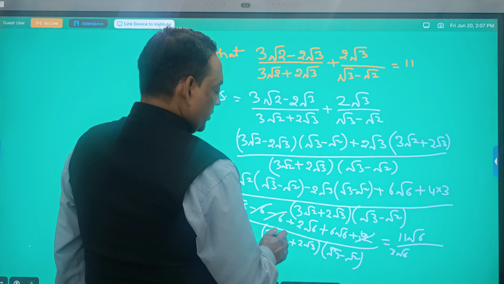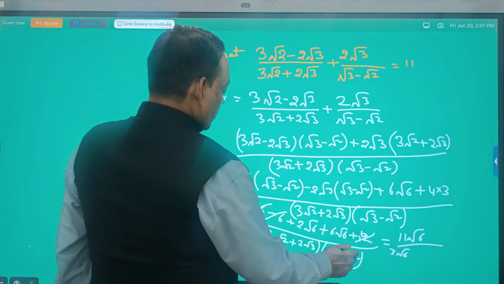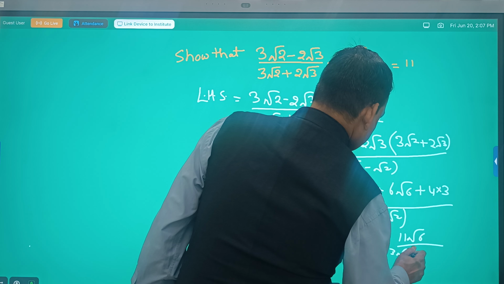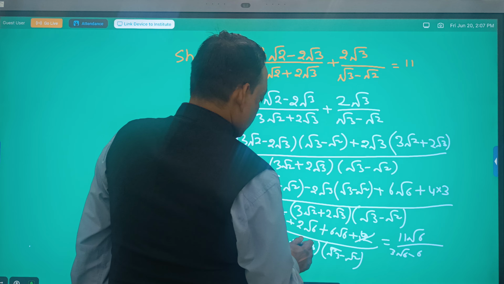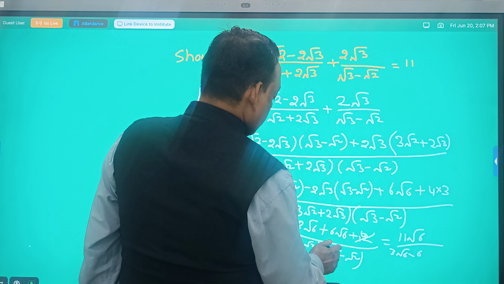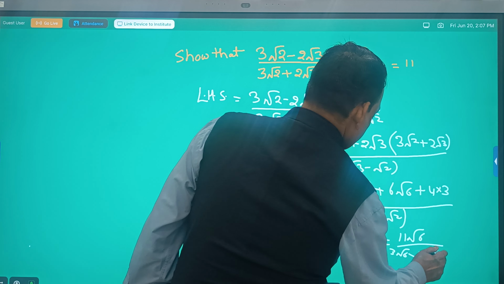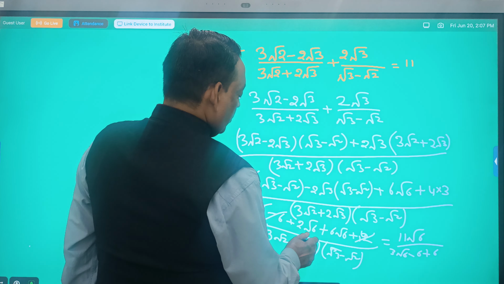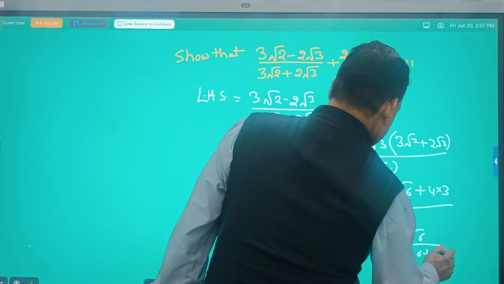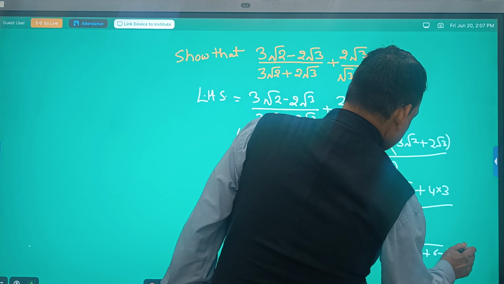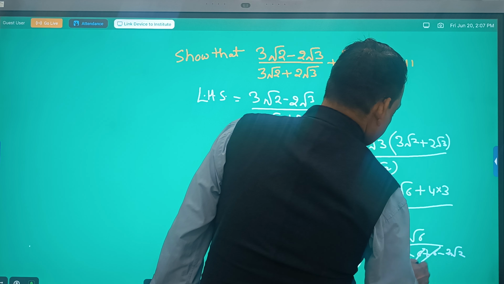Same way, next one is 3 into 2, 3 2s are 6, so minus 6, then 2 into 3 root 3 will be 3, 3 2s are 6, so it will be plus 6, and next will be 2 into root 6, so minus 2 root 6, so minus 6 plus 6 get cancelled.